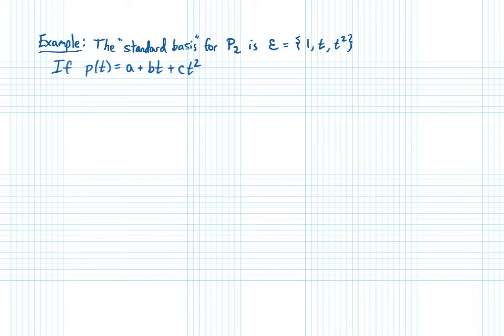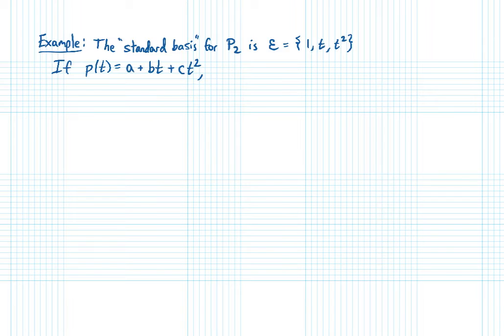So let's look at what happens when you take an element of P2 and put it into the coordinate transformation for the standard basis. Well, the key thing is that when you write p(t) as a plus bt plus ct squared, you're writing it as a linear combination of the basis vectors.